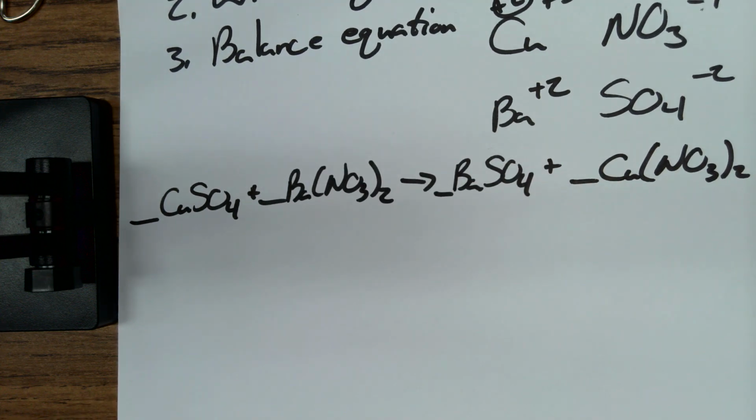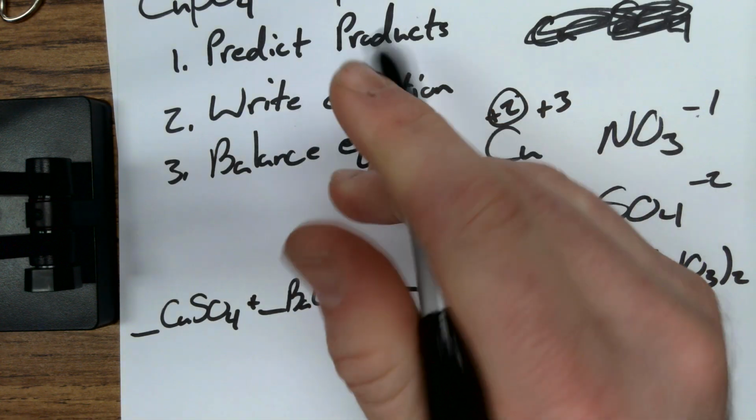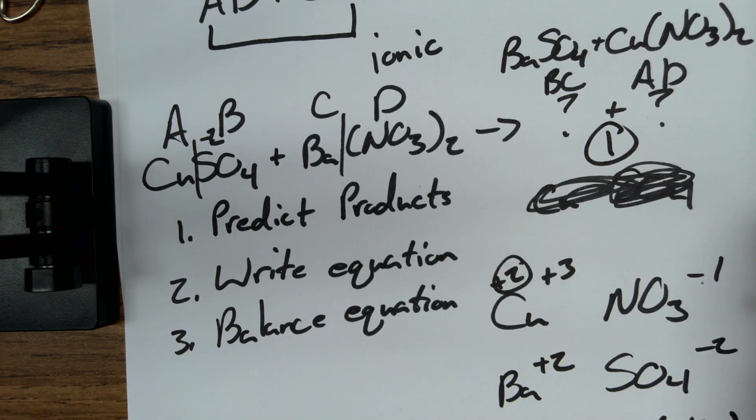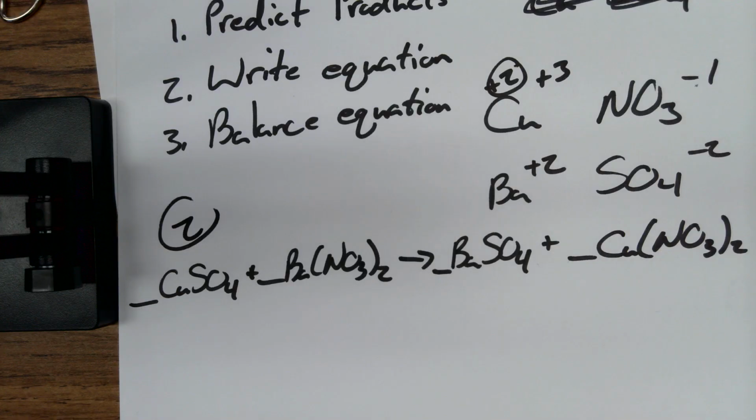So here is my equation. So I've rewritten my equation. That's number 2. Number 1, I predicted my products. Number 2, I've written out my equation. Number 3, I have to make sure I've balanced my equation.